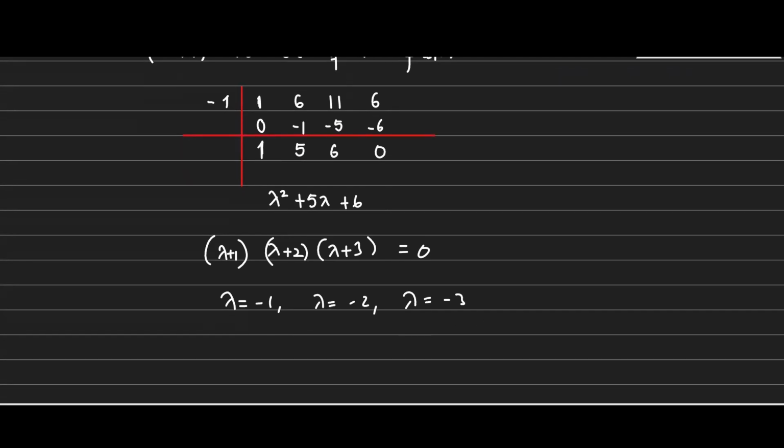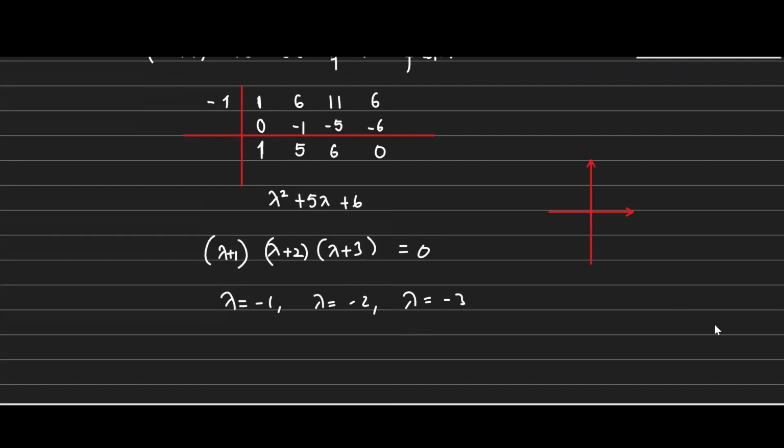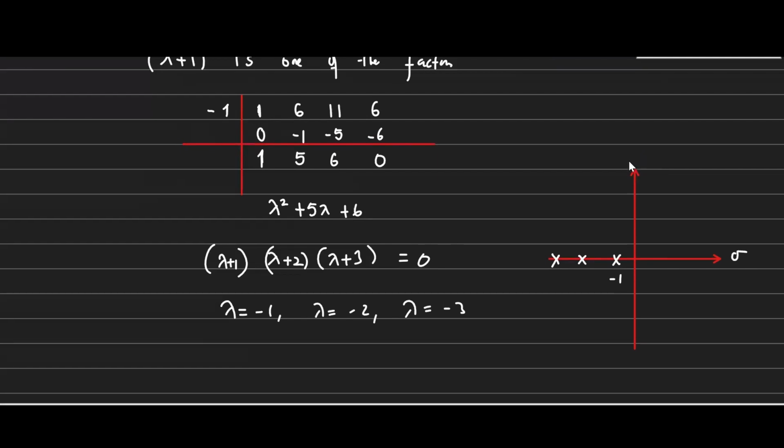Since these lambda values are negative, they are found on the negative side of the complex plane, which is the S plane. So we have the pole at negative 1, the pole at negative 2, and the pole at negative 3. All the poles are located on the negative side of the sigma axis, and this is your omega axis.